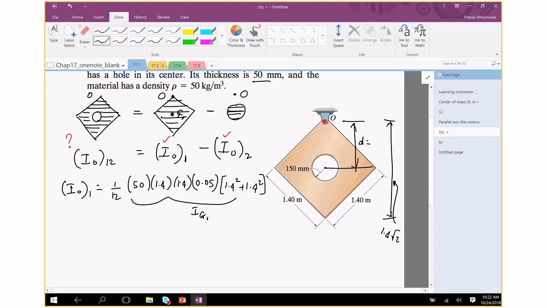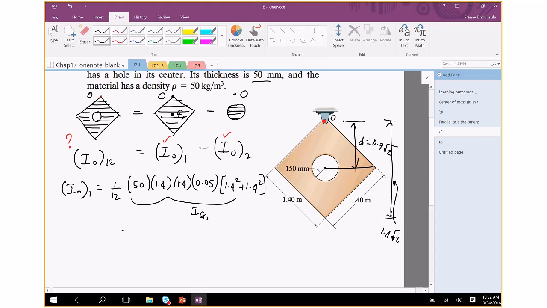That's because I need to do the Pythagoras theorem to find the diagonal. Right? I know the sides 1.4, 1.4, so I do 1.4 square plus 1.4 square. I got 1.4 square root 2, and this length is half of that, so 0.7 square root of 2.